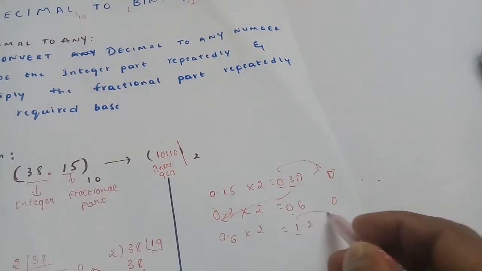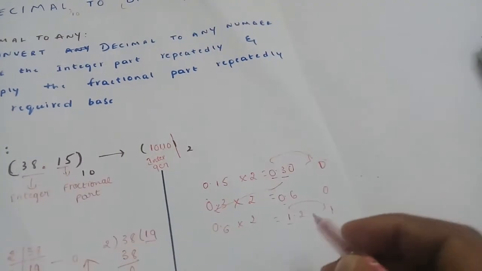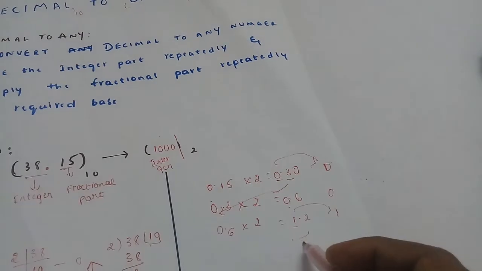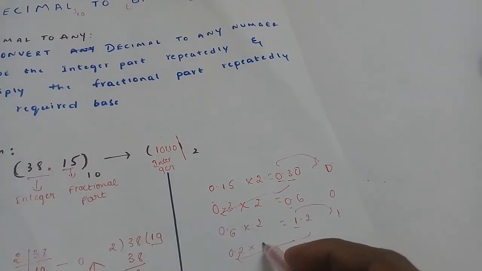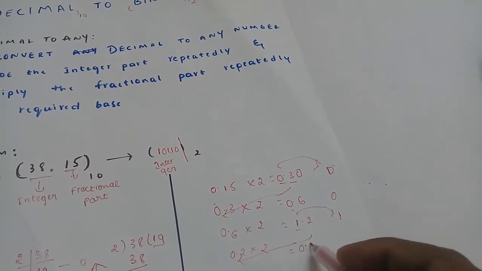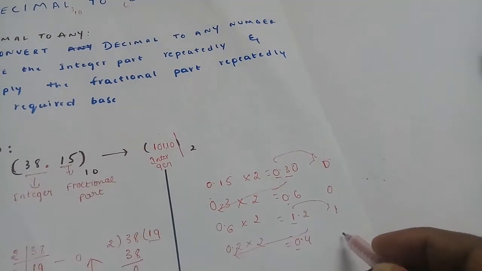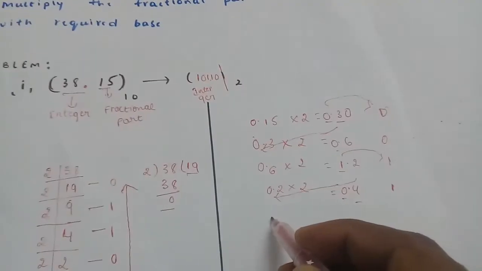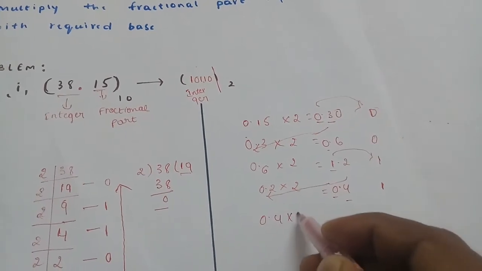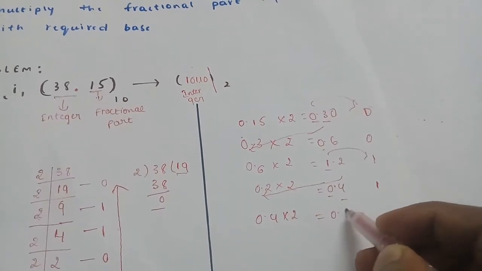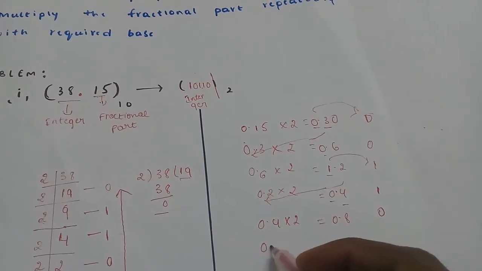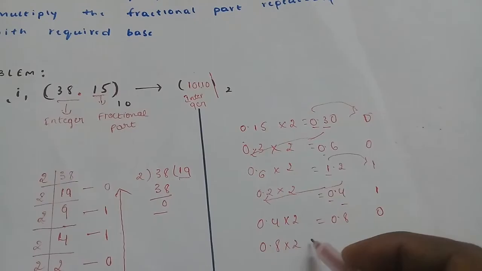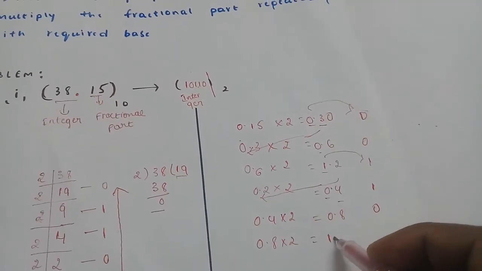Take out the integer part 1 and take the fraction part. 0.2 into 2 will be 0.4. Again the fraction part is multiplied: 0.4 into 2 will be 0.8. Take out the integer part and multiply the fraction part again, giving 1.6.